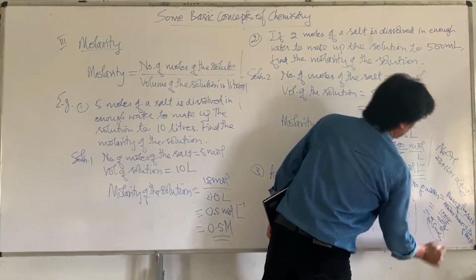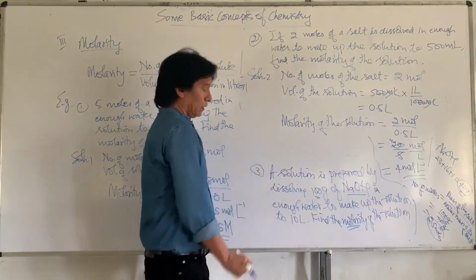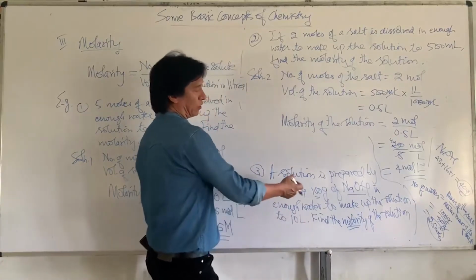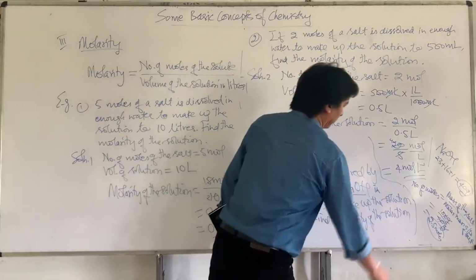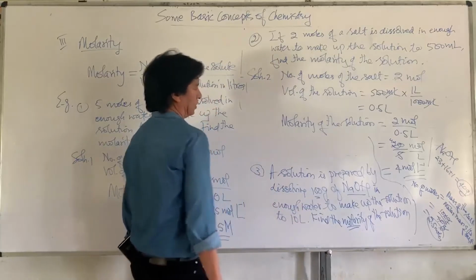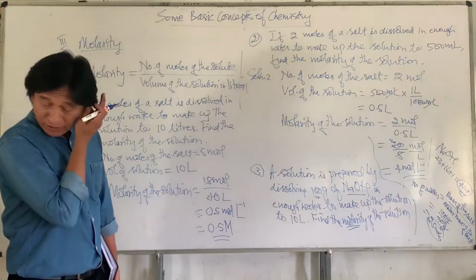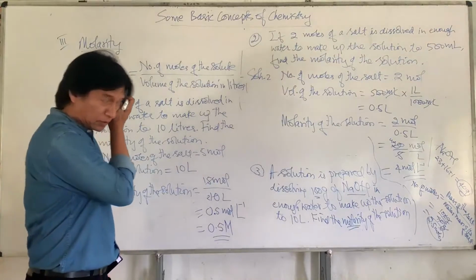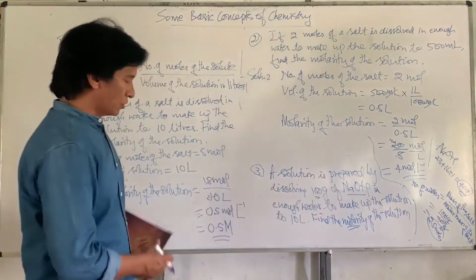So you write number of moles of sodium hydroxide as 100 grams, that is equal to 2.5 moles, and then the volume of the solution, you're directly given in liters, that is 10 liters. So you will divide 2.5 by 10 liters and you will get the answer.